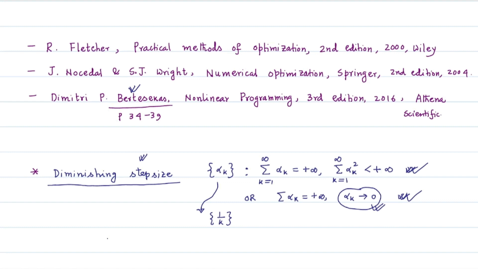In the literature on step size rules, there is also a type known as the non-monotone line search rule. So far, in any of the step size rules, we were endeavoring to identify step sizes so that we get guaranteed descent across consecutive iterates. That means we endeavor to choose those alpha values for which f of x k plus 1 is less than f of x k.